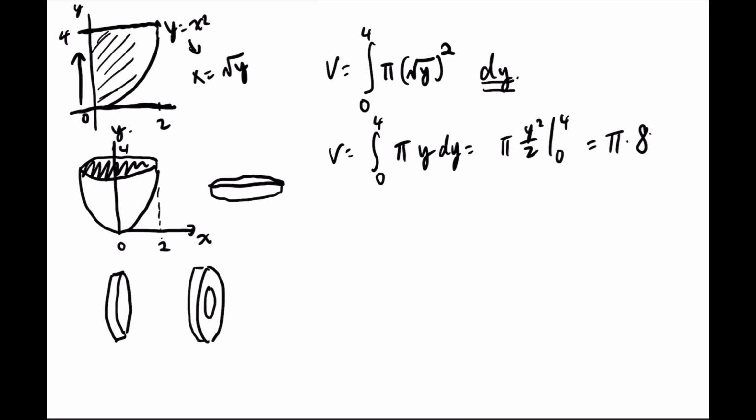So let's say you wanted to find out the volume of this shape bounded by y is equal to x and y is equal to x squared from 0 to 1 rotated about the x-axis.